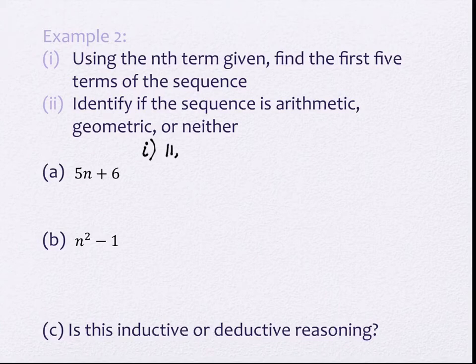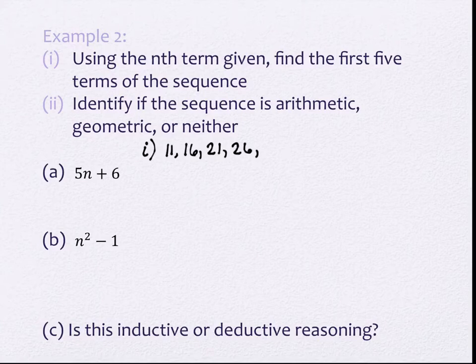If n is equal to 2, I have 5 times 2, which is 10, plus 6 is 16. N equals 3. 3 times 5 is 15, plus 6 is 21. N equal to 4. 4 times 5 is 20, plus 6 is 26.